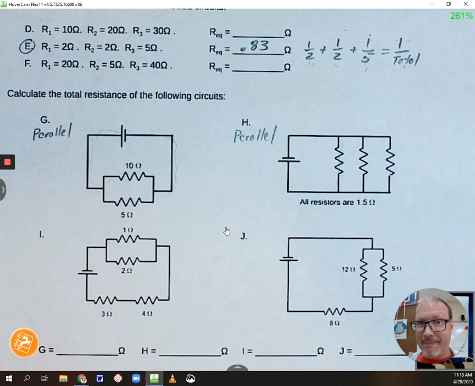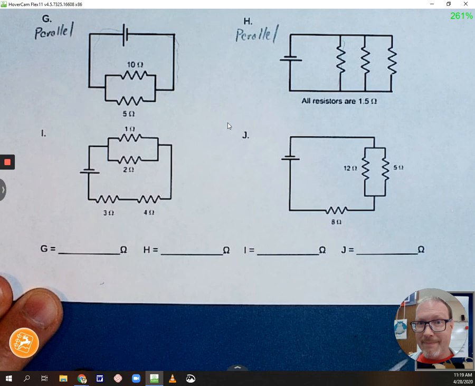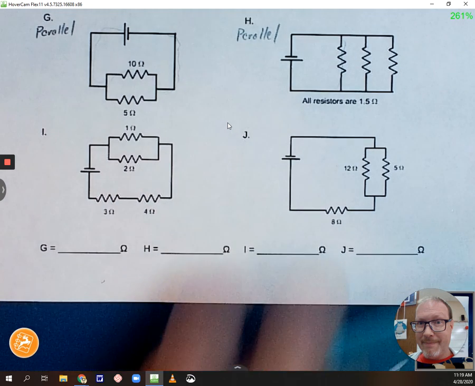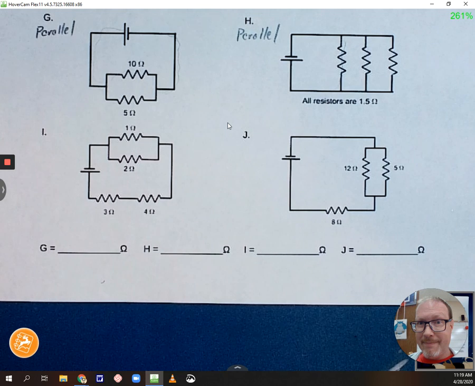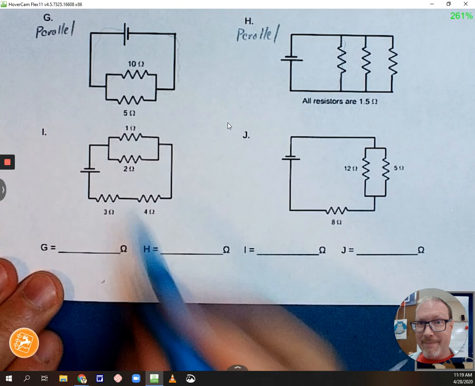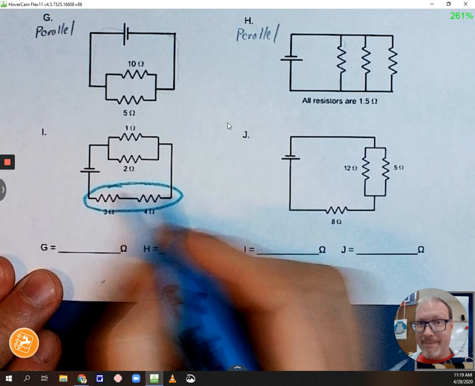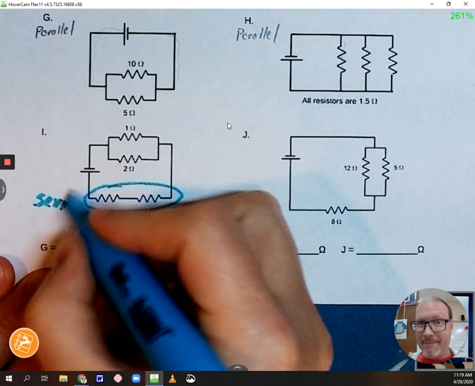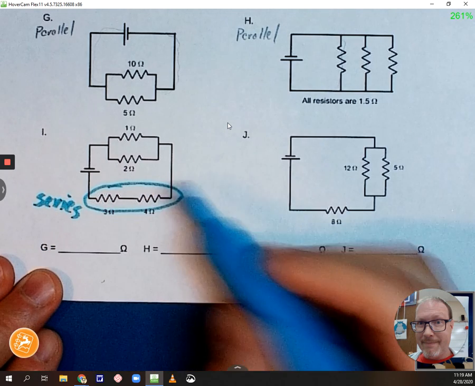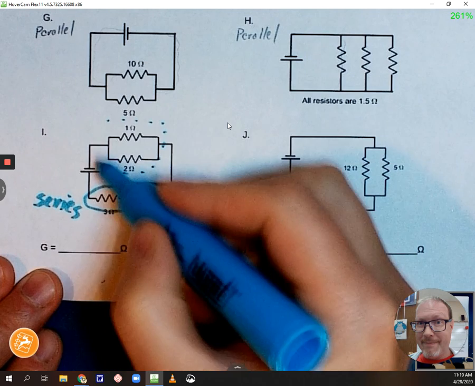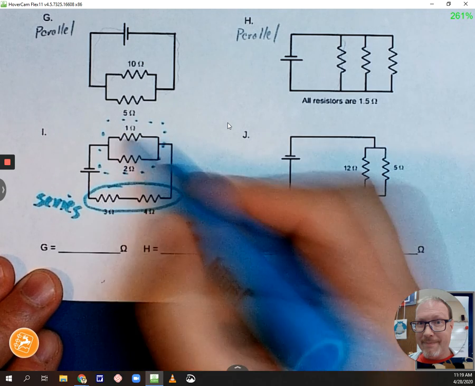But when we get down to letter I and letter J, we've got some complex circuits going on. And let me show you what I mean. You can actually see parts of this that are series and parallel. So if you look here on letter I, these resistors are in series with each other. But then you can also argue that this entire thing up here is in series with both of them.